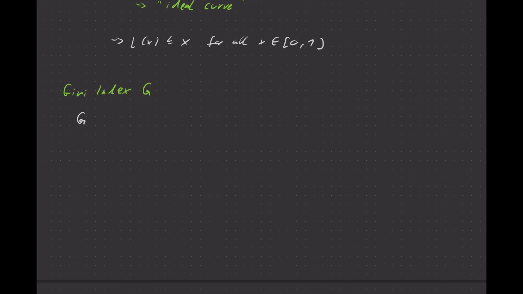So let's write that down first, and then I'll show you how the definition works with the sketch.